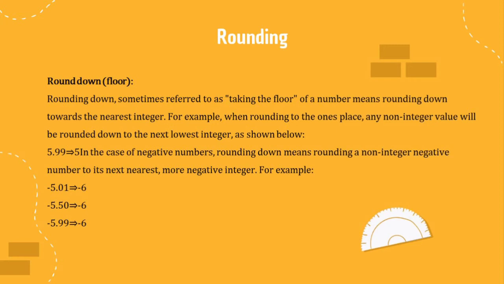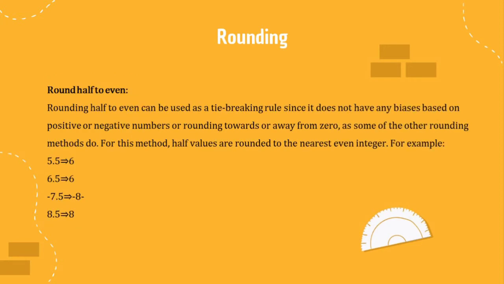In the case of negative numbers, rounding down means rounding a non-integer negative number to its next nearest more negative integer. For example, negative 5.01 equals negative 6. Negative 5.50 equals negative 6. Negative 5.99 equals negative 6.